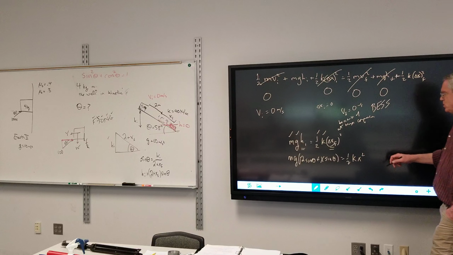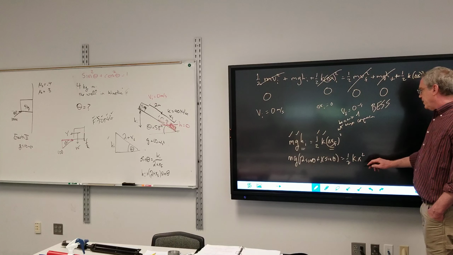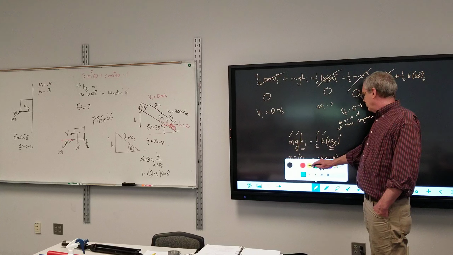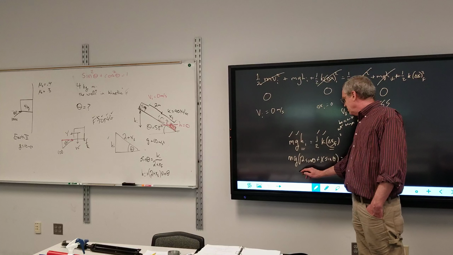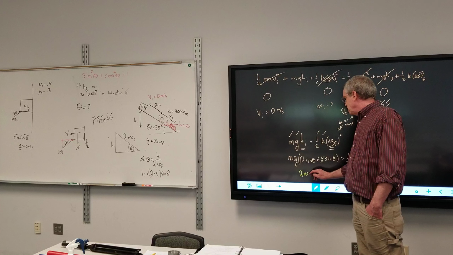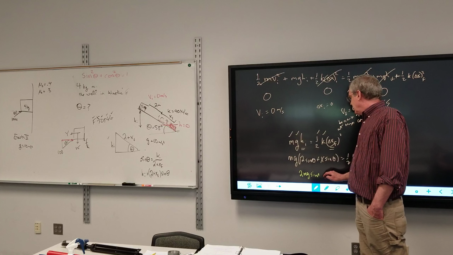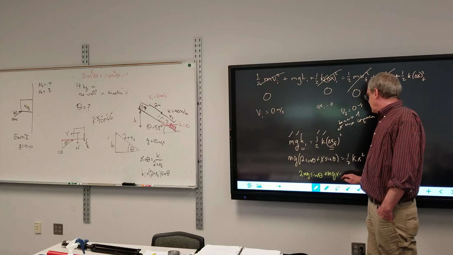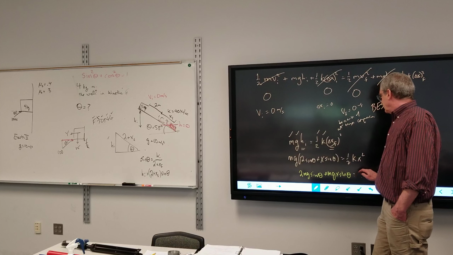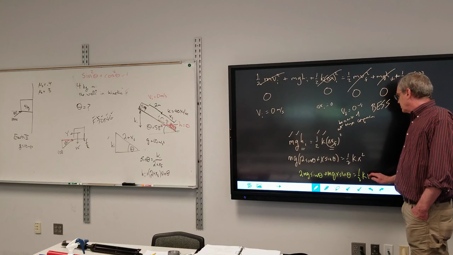We distribute the mg, so I now have, in a color that hopefully stands out a little bit better, 2mg sine theta plus mgx sine theta is equal to 1/2 kx squared.